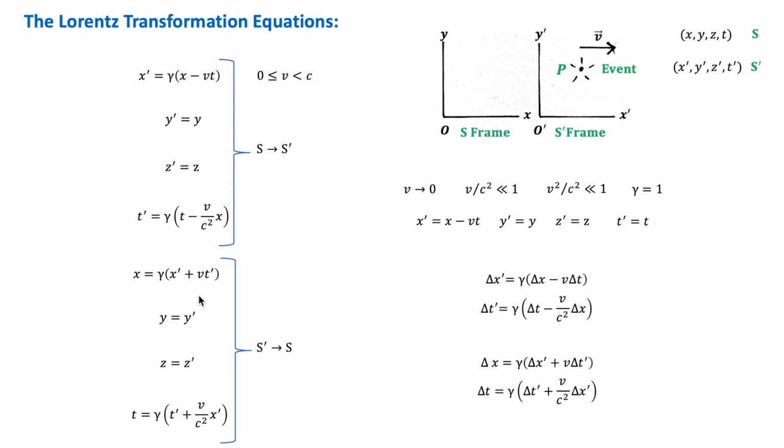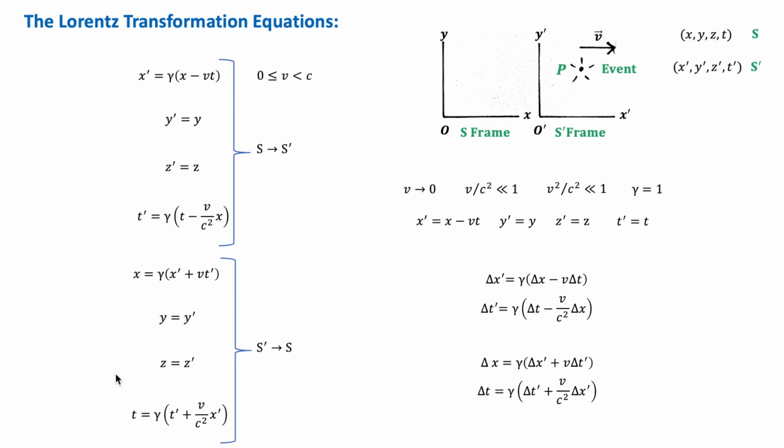And to transform the coordinates in the S dash frame of reference to the coordinates in S, v is replaced by minus v, and the primed and unprimed coordinates are interchanged, and so we have these equations, okay?